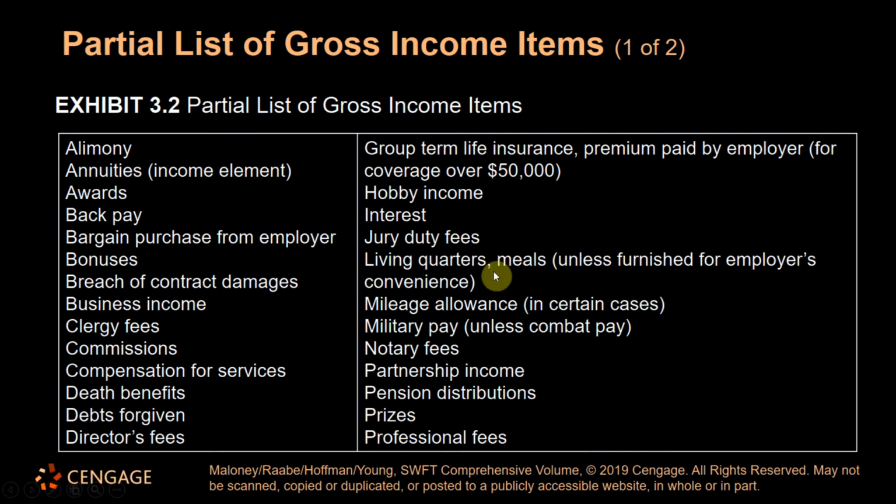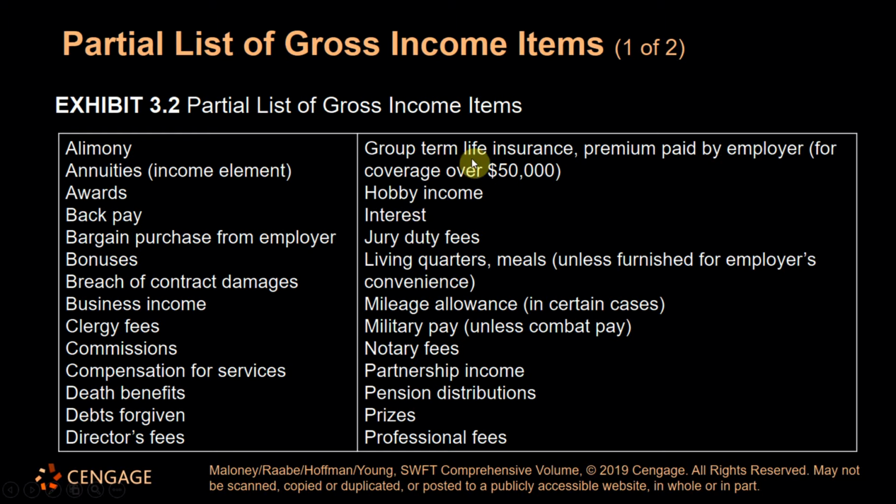So here's a partial list of gross income items. Of particular note are alimony for 2018, and hobby income, and again there are certain tests that have to be met to determine whether or not that is income that should be included in gross income.